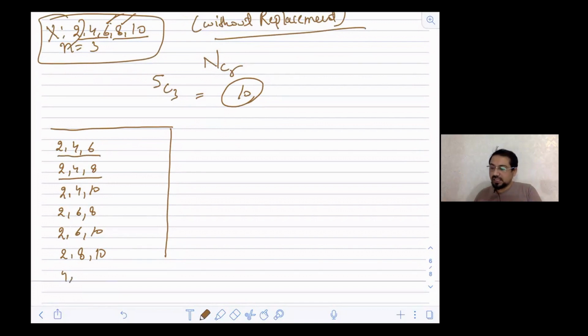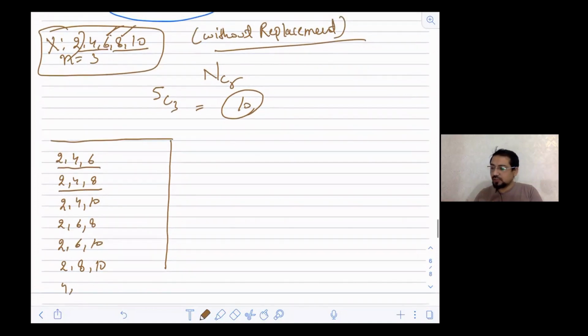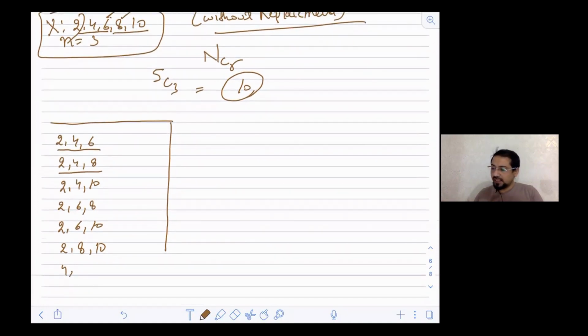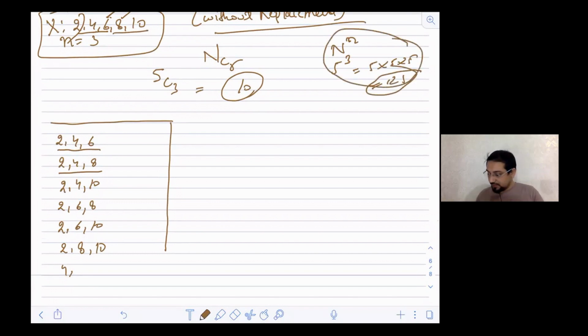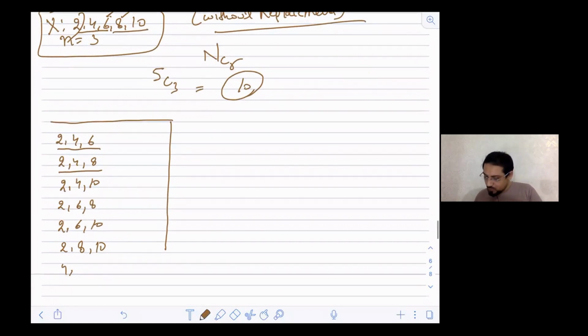For example, if you do the same question with replacement, the formula would be n to the power n, which means 5 to the power 3, so how many cases? 125 cases, this formula is for the case of with replacement. Are you getting my point? And because there are replacements, automatically the number of samples would be more, but here, because it is without replacement, the number of samples is only 10.